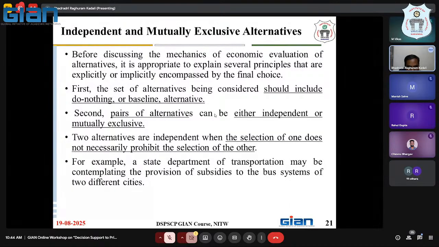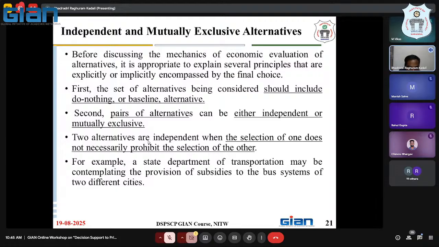We need to set that the alternatives being considered should include the do nothing case as the baseline alternative. Then we make pairwise comparisons of alternatives. Each alternative should be looked at using the same method of economic evaluation, because you can't evaluate alternative one with one method and alternative two with a different method and then compare them.